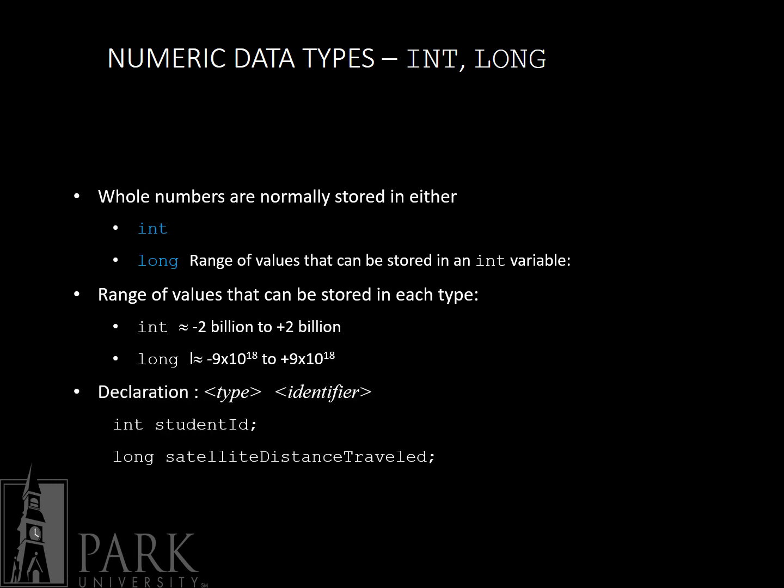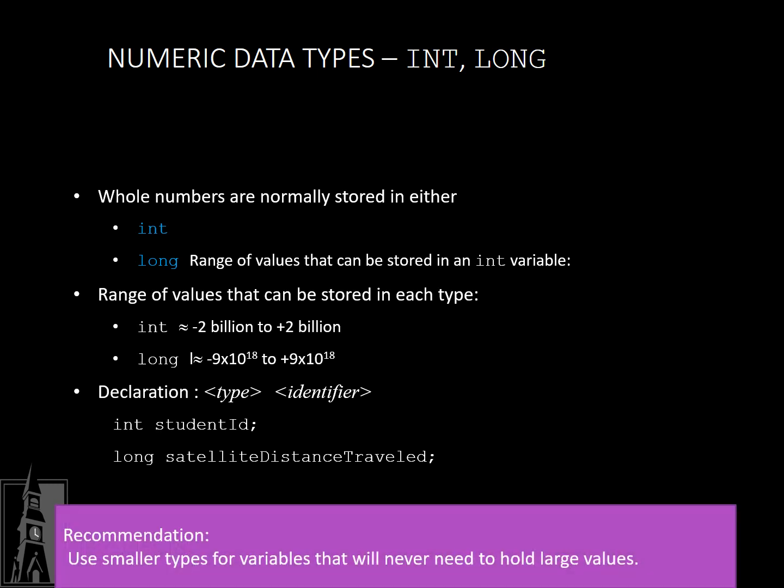Of course, you should be already familiar with ints because you've seen them already. But you should use the smallest data type for variables that will never need to hold a larger value. For example, if you are writing a program that stores student information, chances are you're not going to need a long to store the student IDs.